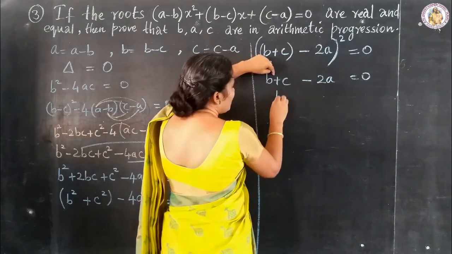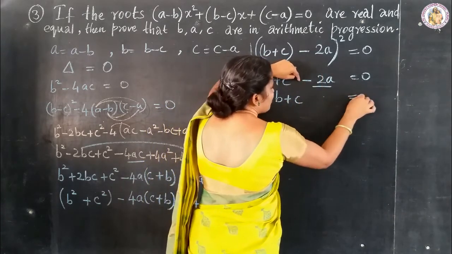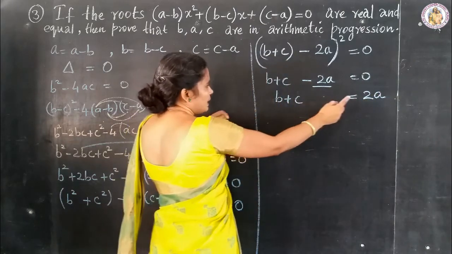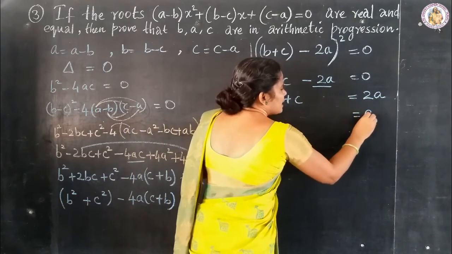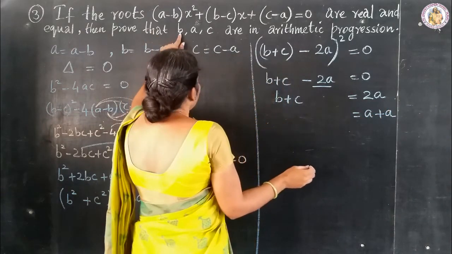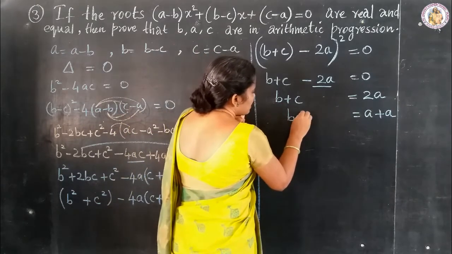Okay, now b plus c, take minus 2a to the right side. Minus 2a, when it comes to the right side, it becomes plus 2a. Now split 2a as a plus a, so that you have to prove that b, a and c are in arithmetic progression. So b plus c equals a plus a.